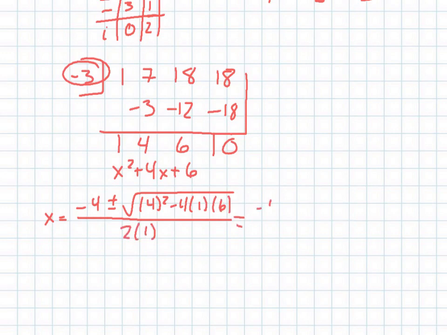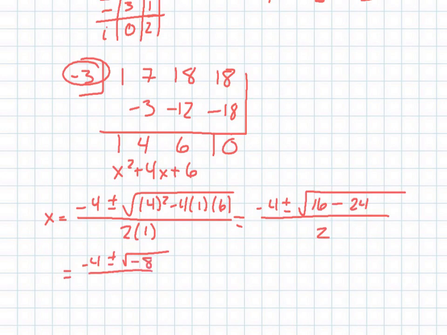So now I can simplify a little bit. Inside the radical, I get 16 minus 24, and 16 minus 24 is negative 8. Because there's a negative inside the radical, that means there must be a complex number in there, so imaginary.